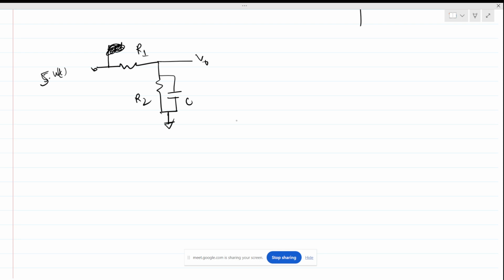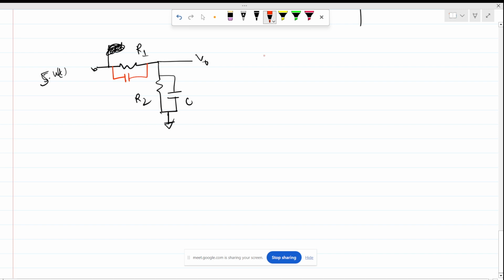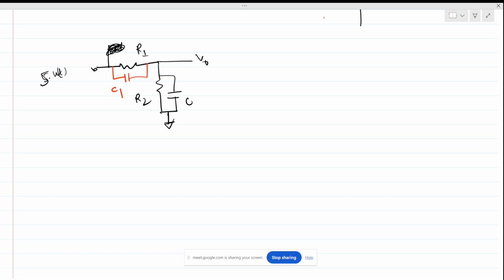Now if we make this change, what will be the changes in the behavior? It will introduce another zero, at least one zero. Let me do it in a quick manner and draw the transient response and frequency domain response.